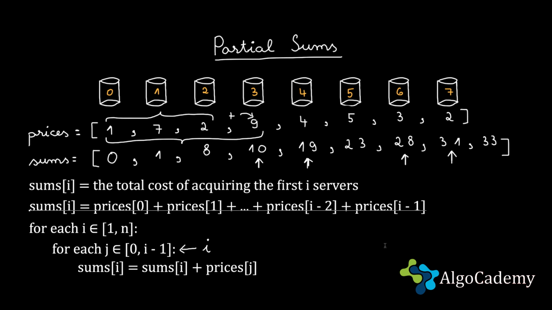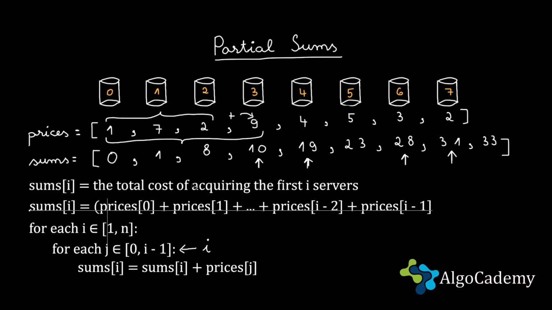This one is actually equal to, let's group the first elements together. So from prices of 0 all the way to prices of I minus 2.